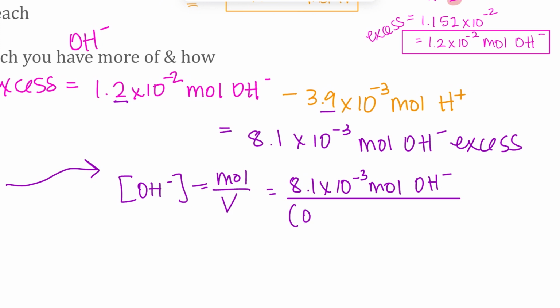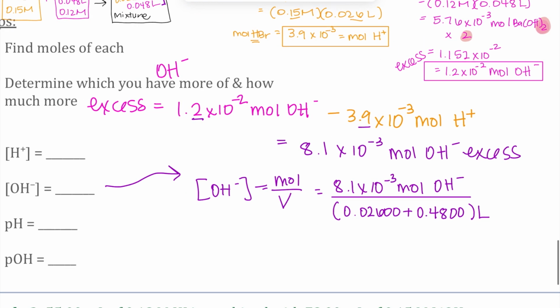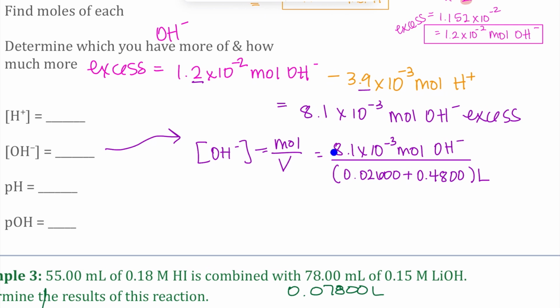If you want, you can add them first, or you can just write them out like this. Those are measured in liters. So make sure that you either use your E button here, use parentheses to add these, or just add them and then do your division.